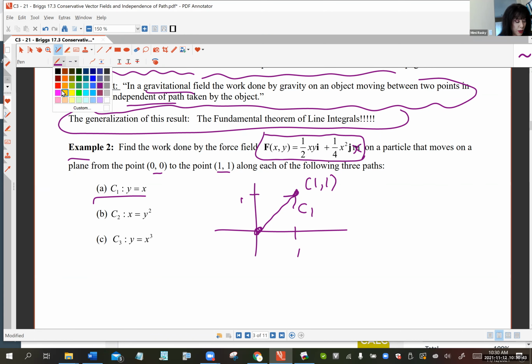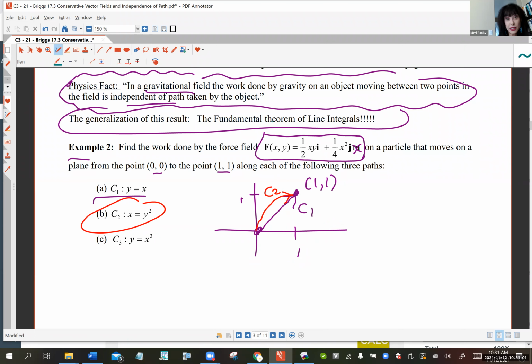The second curve, the C2, is going to be x equals y squared, which is a portion of the sideways parabola. So it's going to be going like this. That's C2. And then the last line integral we're going to be doing will, same starting and stopping point, but it's going to go along a cubic path, which kind of looks like this. That's C3.